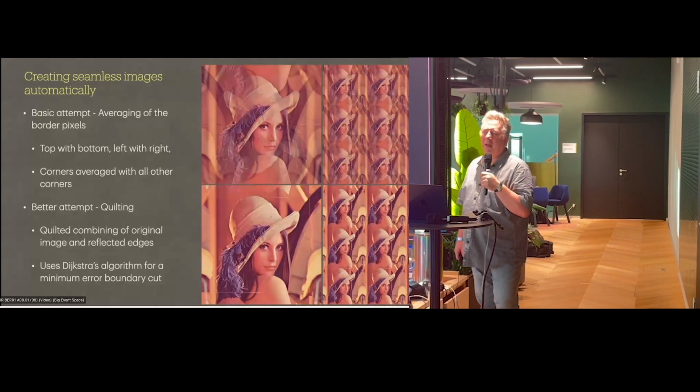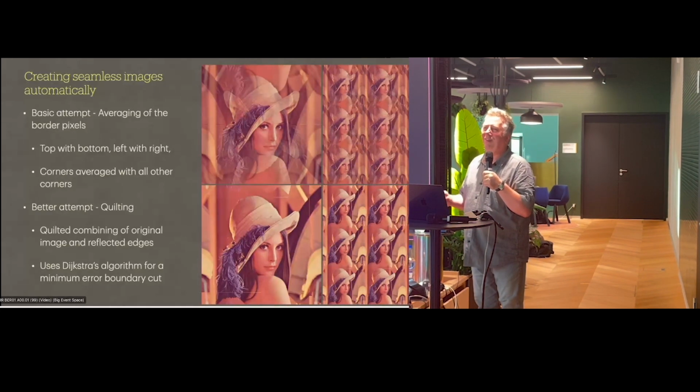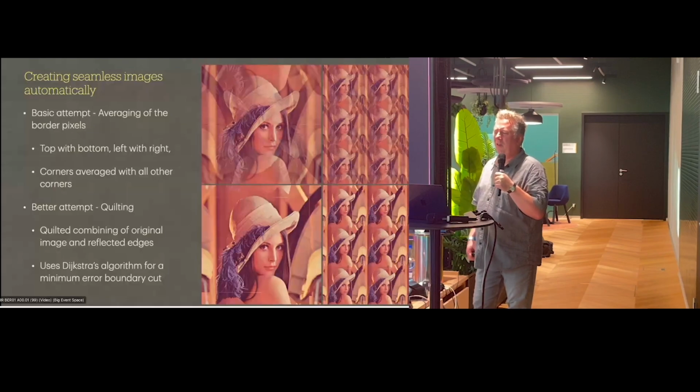So a better attempt is using what's called quilting. Quilting is a kind of error minimization process where you overlay an image on top of another image, and then you find the cut that minimizes the error between the two images, like a best cut through those two images.